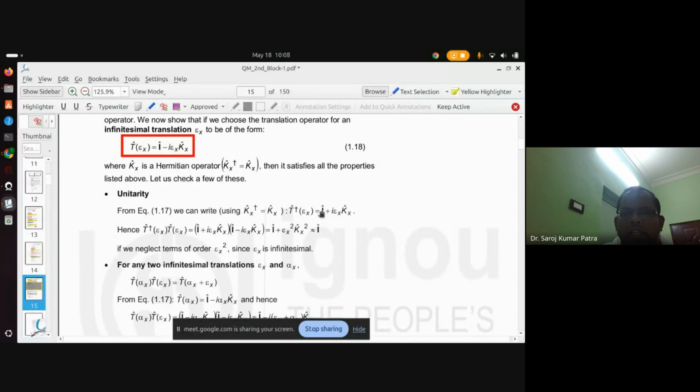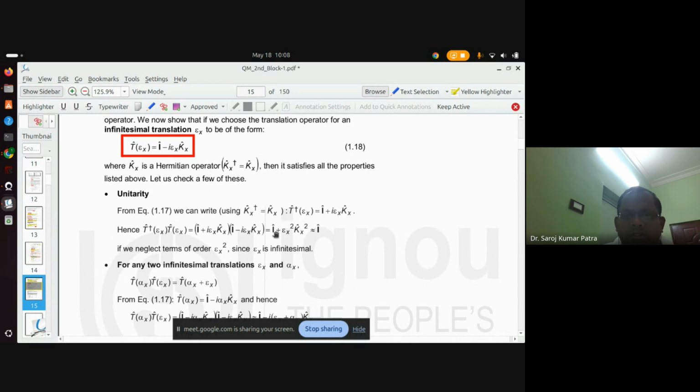So T dagger is equal to I plus I epsilon x kx. So what will be T dagger into T? It will be this one into this one, so I cap plus I epsilon x kx into I cap minus I epsilon x kx, which will give rise to I cap plus epsilon x square and kx square.